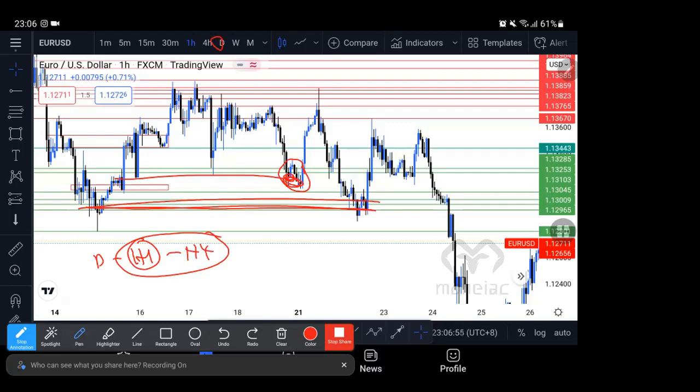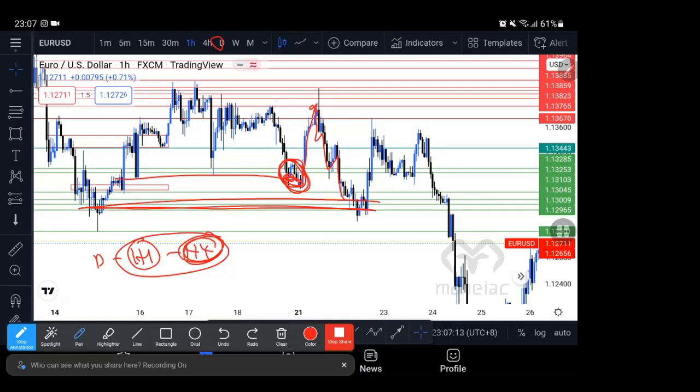And what actually happened? The market did give the buy re-entry over here, but it didn't break the H4. And after that, the price went down.